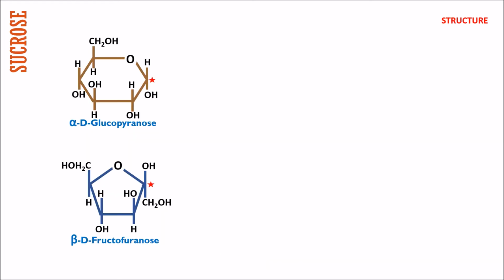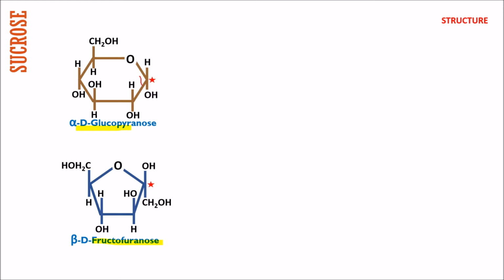Now let us see the structural part of sucrose. As we have seen, sucrose is made up of two monosaccharide units, that is alpha D glucose, that is alpha D glucopyranose, and beta D fructose, that is beta D fructofuranose. Now the star shows the anomeric carbon of both the monosaccharides. Let us first number the carbon atoms.